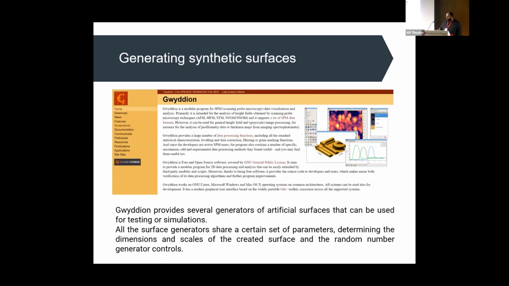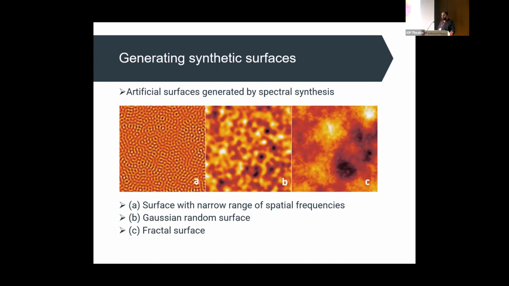I have looked into methods or already available ways to generate synthetic surfaces. I found Gwyddion, which is surface metrology software to measure surface metrology. It offers the possibility to create synthetic surfaces.